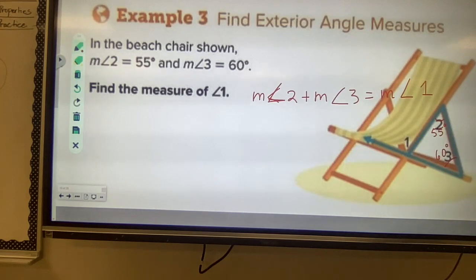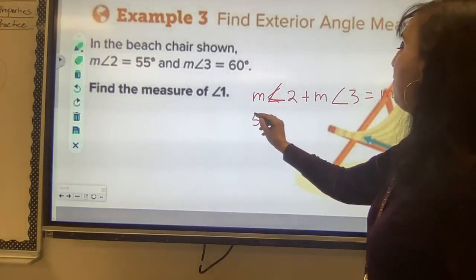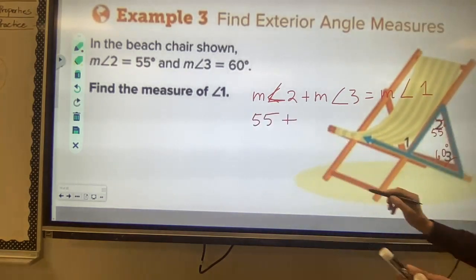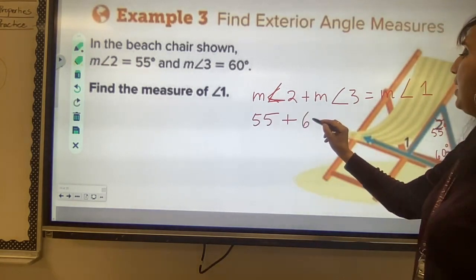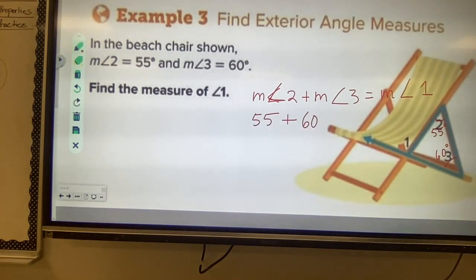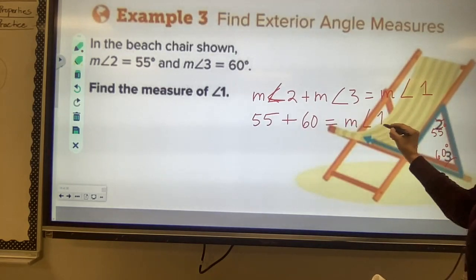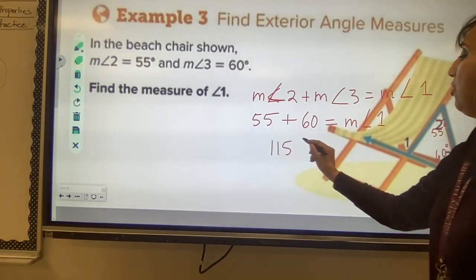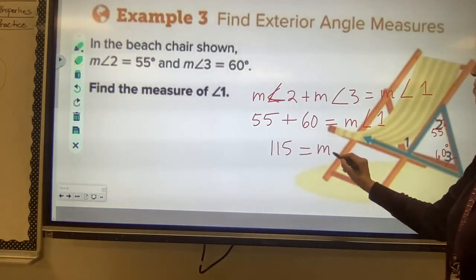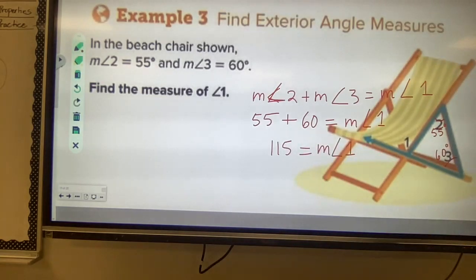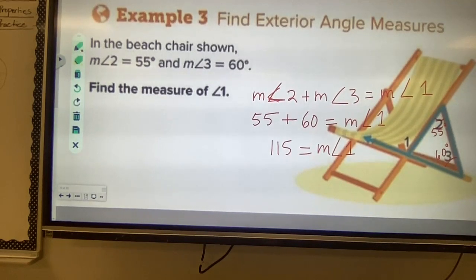What is angle 2? This is 55. What is angle 3? It is 60. This equals the measure of angle 1, and that gives me 115 is equal to the measure of angle 1. So I'm just showing you based on a word problem.